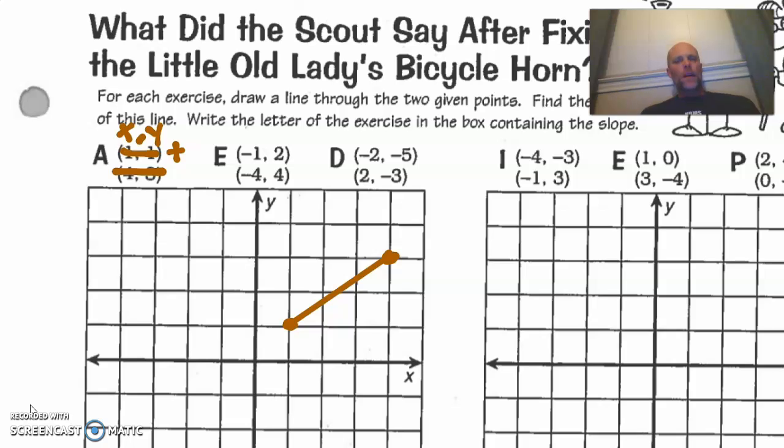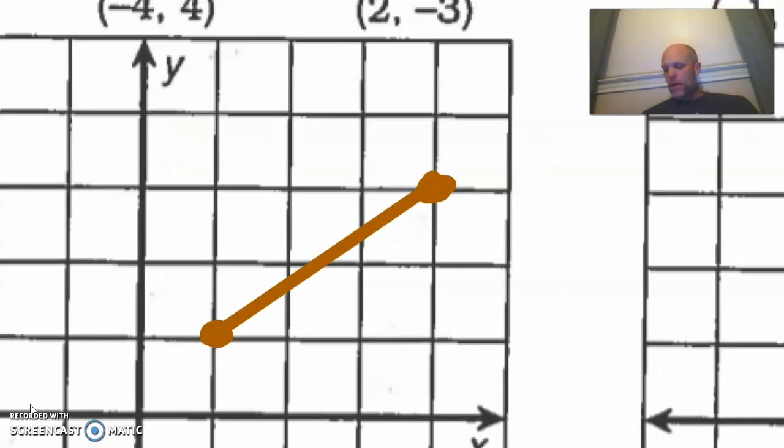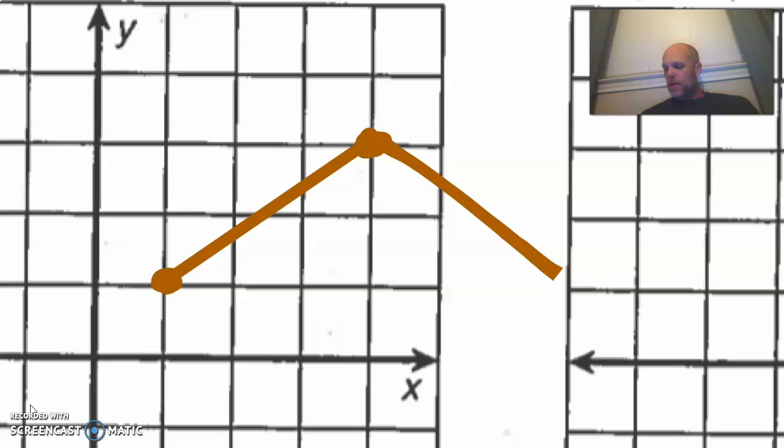Alright, so now we actually have to find what that is. And it's how much it rises up to how much it runs across. Anybody that has a parent or aunt or uncle or grandpa or grandma in construction, and that's been in construction for a while, this is how we do roofs. I was in construction for a very long time. So if you imagine this is a roof, right? This is one side of the roof. Let's just say the other side's right there.